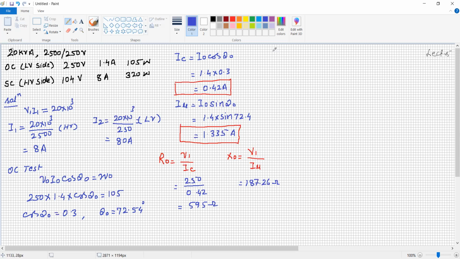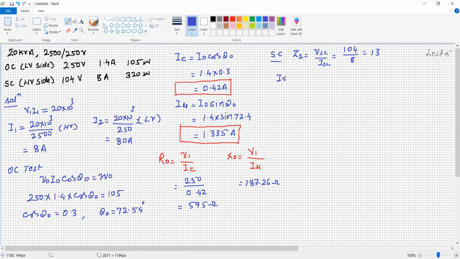Now from short circuit test, Z2 is equal to VSC upon ISC, which is equal to 104 divided by 8, equals 13 ohm.